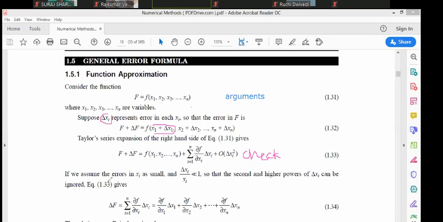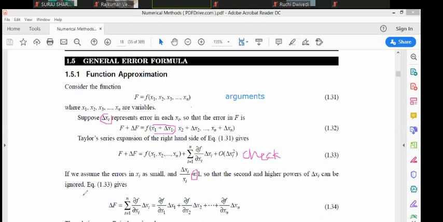We assume the errors in xi are small, and delta xi upon xi is always much less than 1. This is not double, you can make it single, it is less than 1, so that the second and higher powers of delta xi can be ignored.